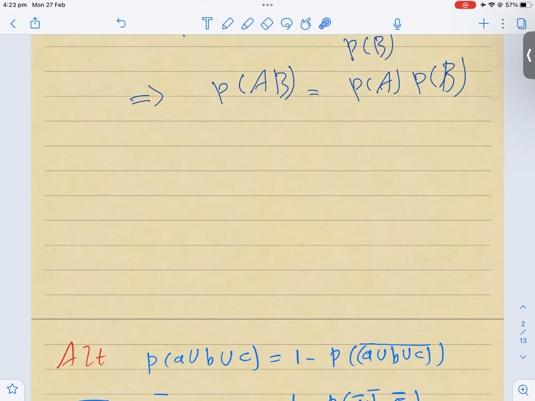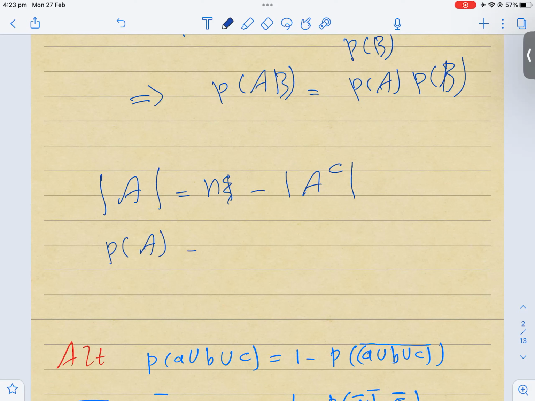If you have a set, the number of elements in the set is equal to n minus the number in A complement. The probability version of this is probability of A equals 1 minus probability of A complement, which sometimes we write as A bar.